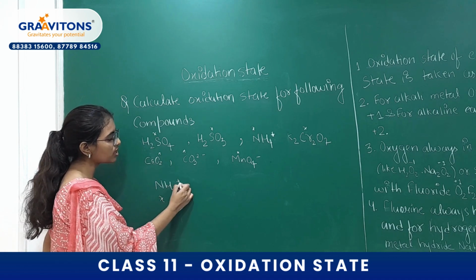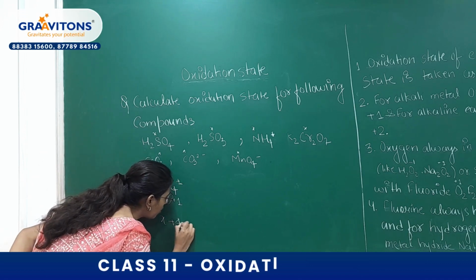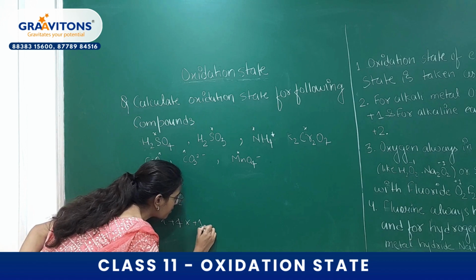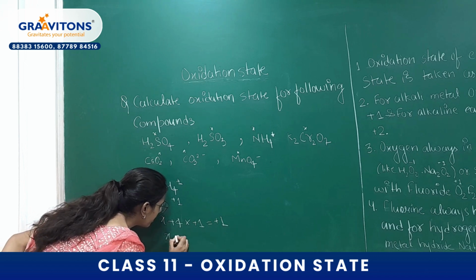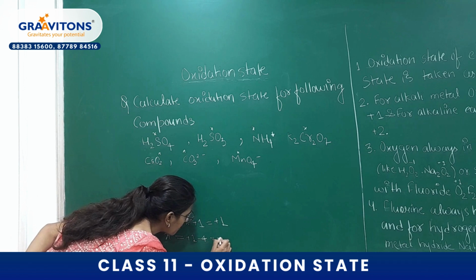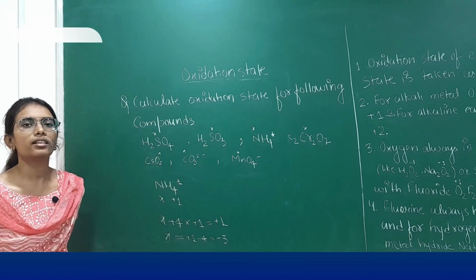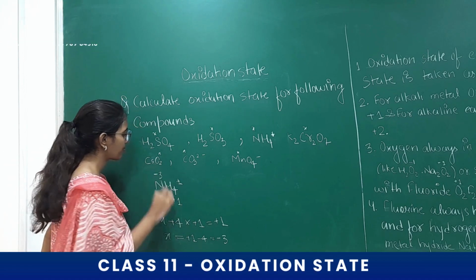Overall charge is plus 1. So X plus 4 hydrogen, each with plus 1, is equal to plus 1. So we can check that here nitrogen is plus 1 minus 4, that is minus 3 oxidation state.